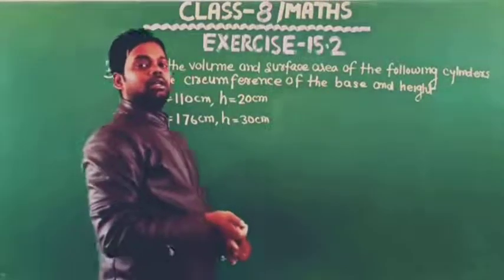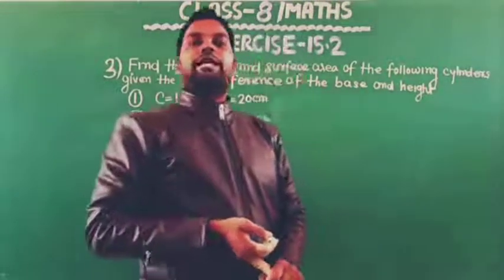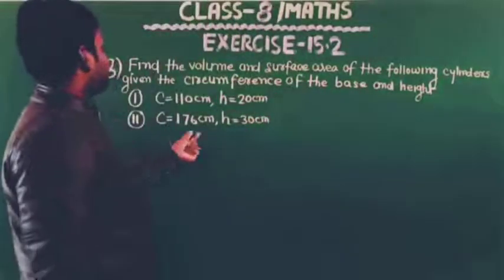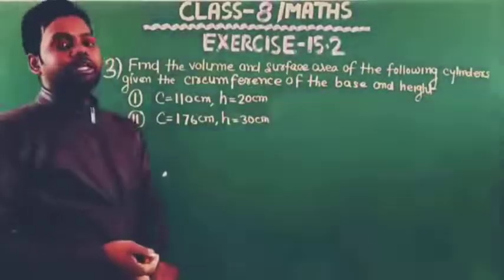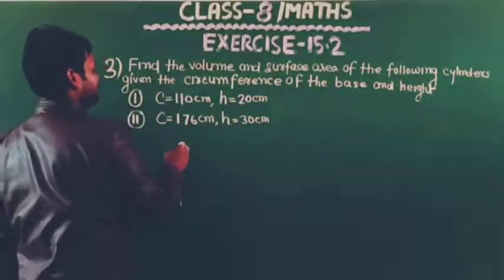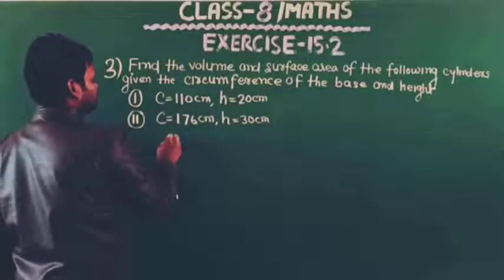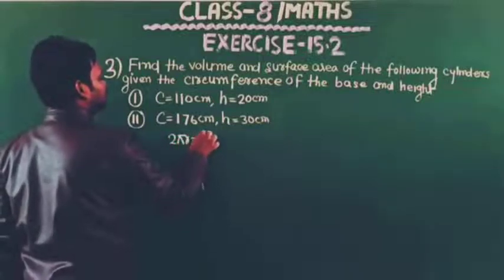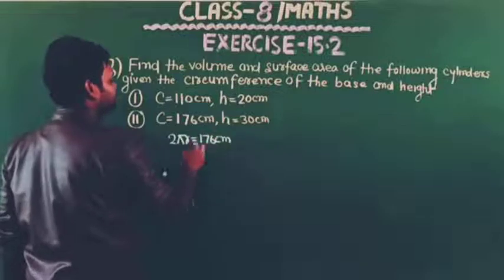Okay, dear children, now move to the second part of question number 3. Circumference equal to 176 centimeter and height equal to 30 centimeter. So given 2 pi r equal to 176 centimeter.